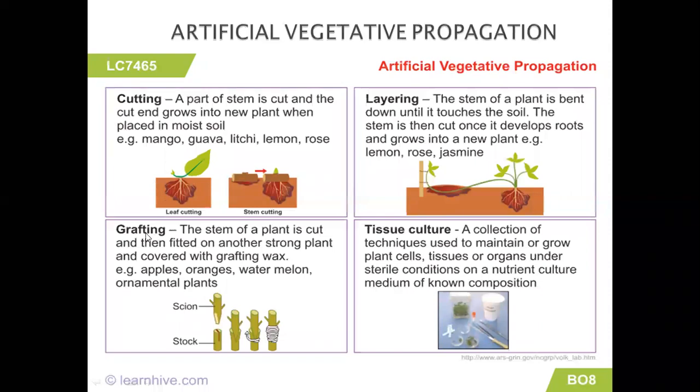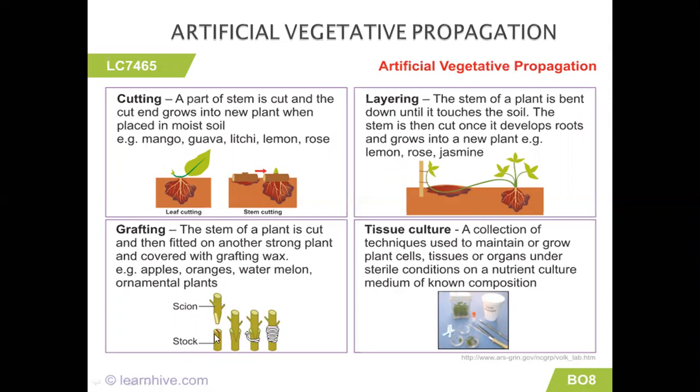Next is grafting. Graft means that we have taken this scion, and you can see that it's one part, and this is the stock, the other part. So one part of the stem from one plant is inserted into the stem of another plant, right? We join them.